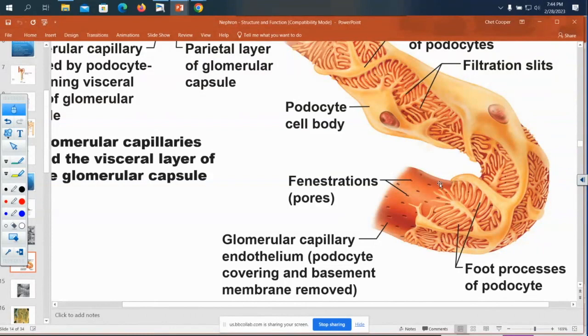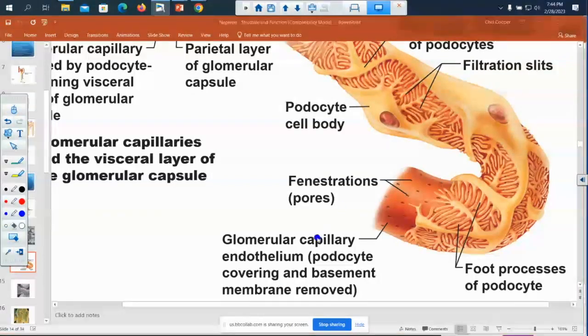And so whatever is in the blood comes out really easily because there's holes in it. It's perforated, basically. Technically they might tell you they're like little windows and they're not complete, but anyway. Point is, those have a special name. That's a great test question. The name of the pores in the glomerulus are fenestrations. So I'm going to mark that up for you.